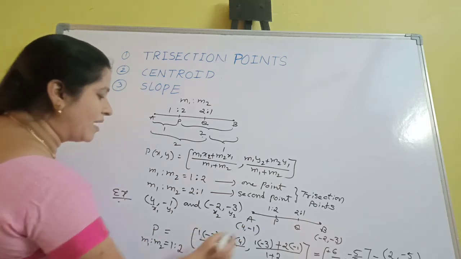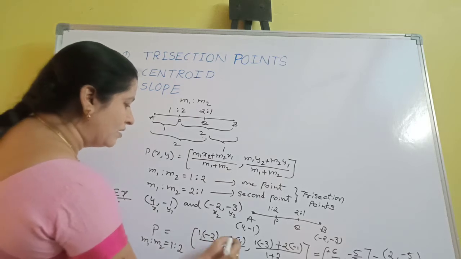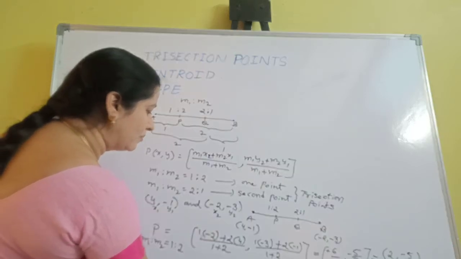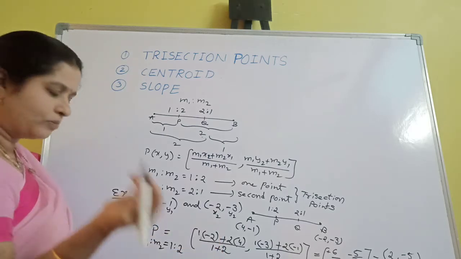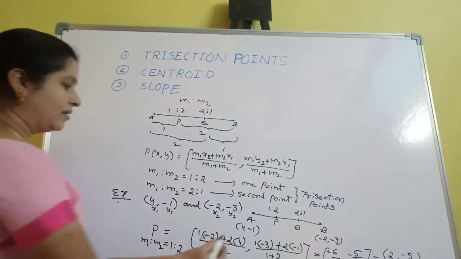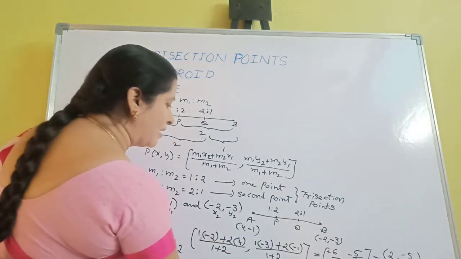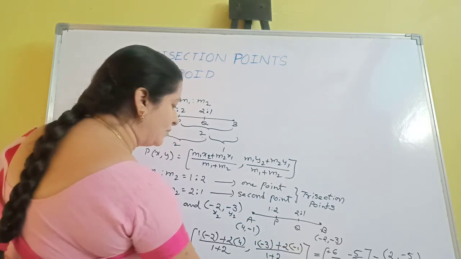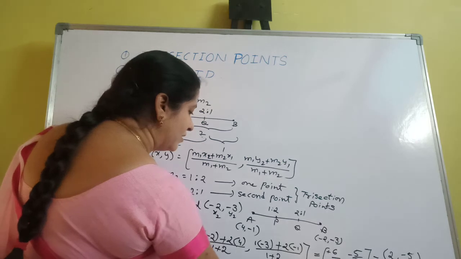Again substitute the values. Here 2 into -2 plus 1 into 4 by m1 plus m2, 2 plus 1. Both values are equal. Here 2 into -3 plus 1 into -1 by again 2 plus 1.